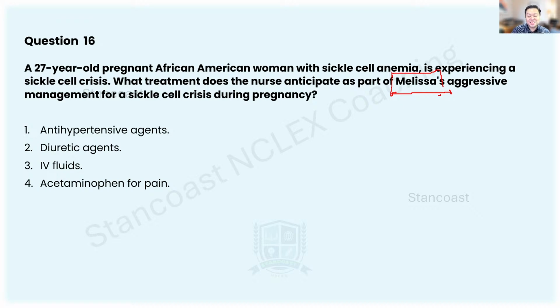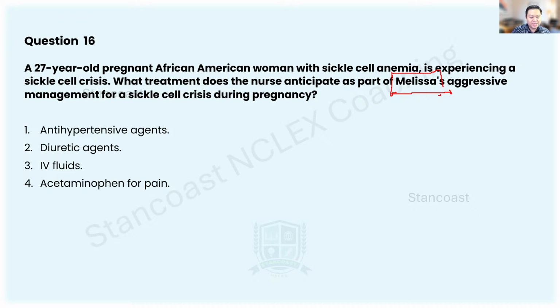What treatment does the nurse anticipate as part of Melissa's aggressive management for a sickle cell crisis during pregnancy? Is it 1, antihypertensive agents, 2, diuretic agents, 3, IV fluids, and 4, acetaminophen for pain?